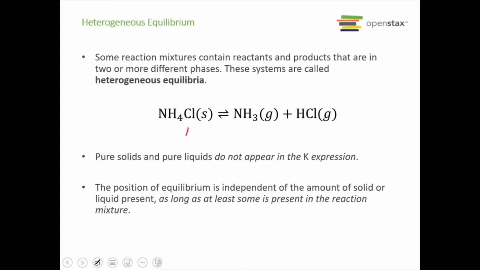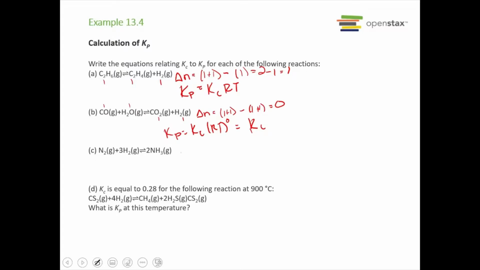For C, delta N is equal to, we have 2 moles here, minus 3 and 1. So 3 plus 1 is 4. So 2 minus 4, we have negative 2 for delta N. And that is fine. This can happen.